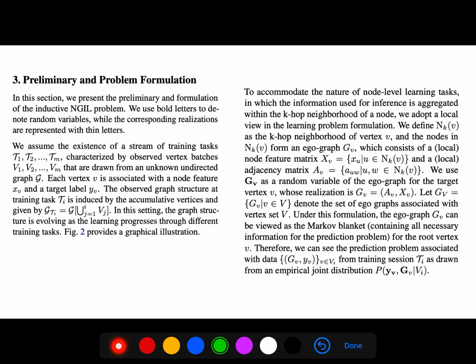So we assume we have a stream of training tasks, tau 1, tau 2, tau m, and then we observe the vertex batches V1, V2, V sub m that are drawn from an unknown undirected graph. So the observed graph structure at a training task is induced by accumulative vertices.